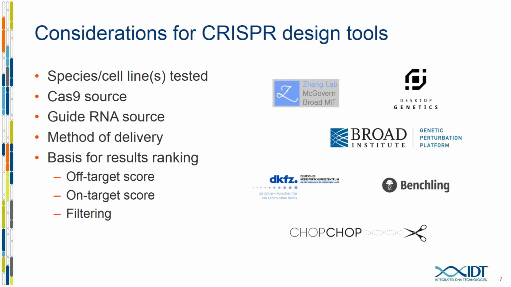Many of the algorithms developed have been based off of a lentiviral delivery system, which can be very effective and a great solution for high throughput CRISPR analysis.